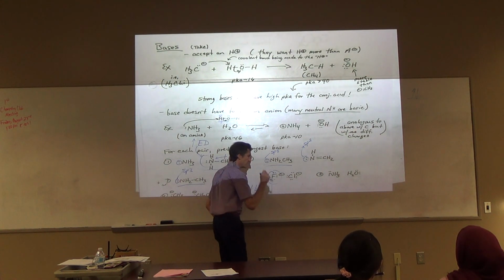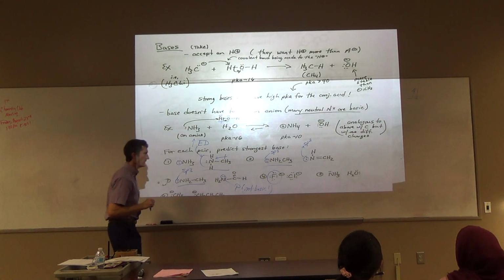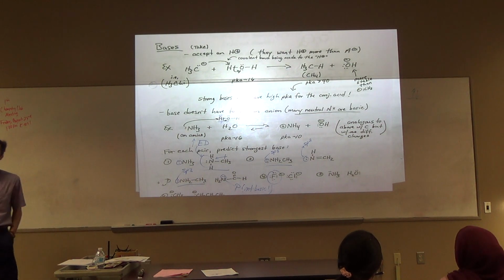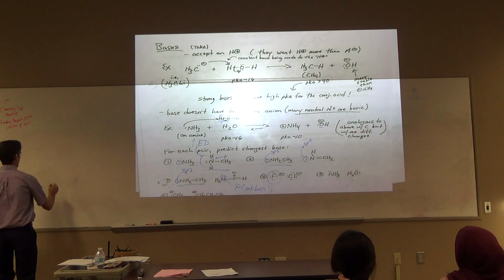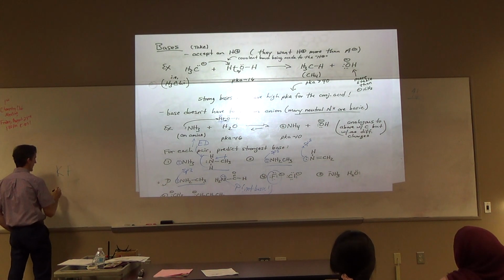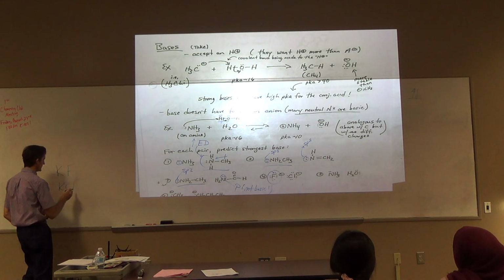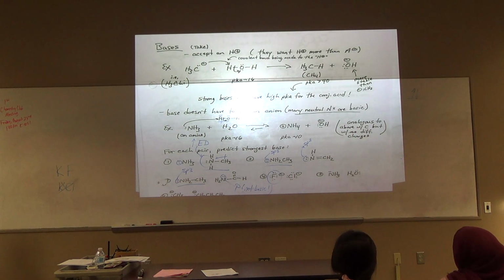The main thing is where I get is stability. F minus is actually a pretty decent base. It's used sometimes as a base, like potassium fluoride. Potassium chloride, you never use that as a base. It's just not basic. We know that.